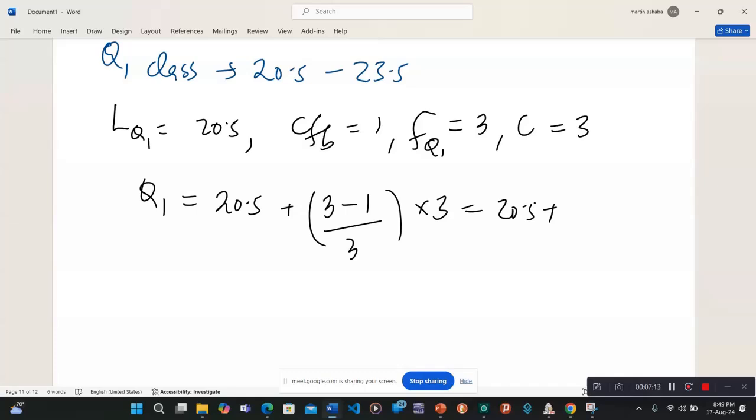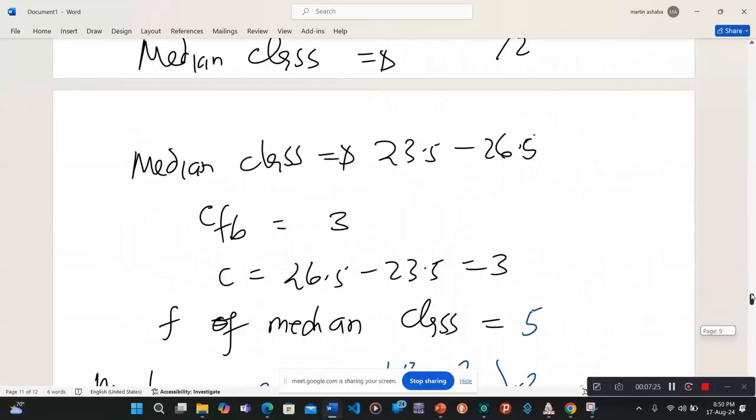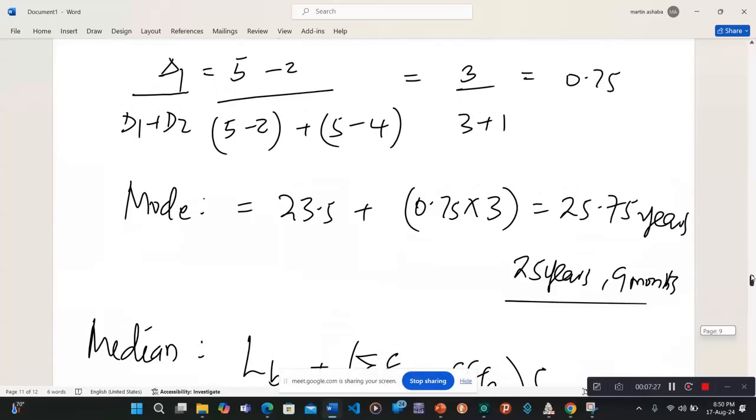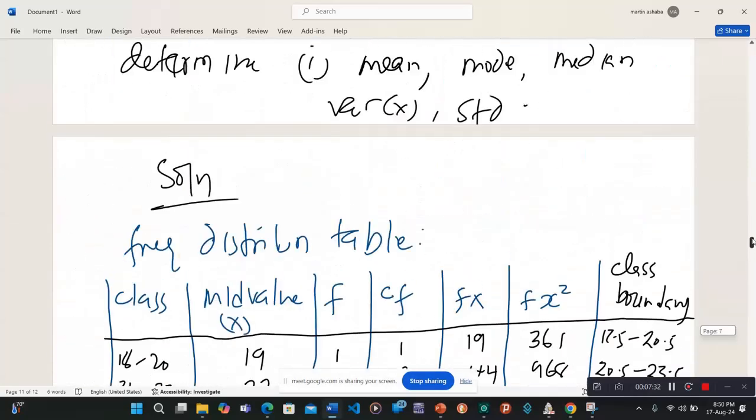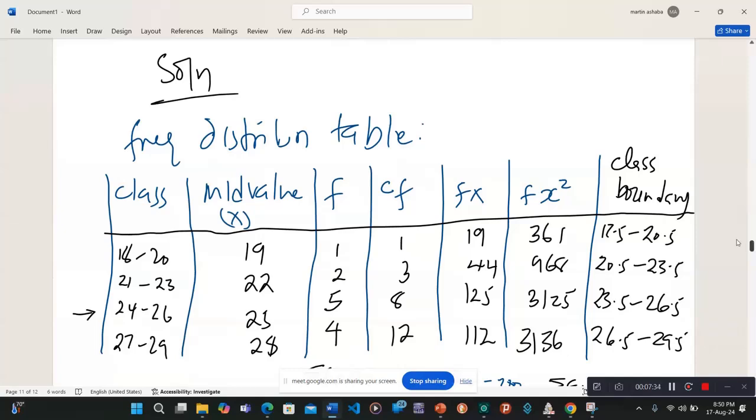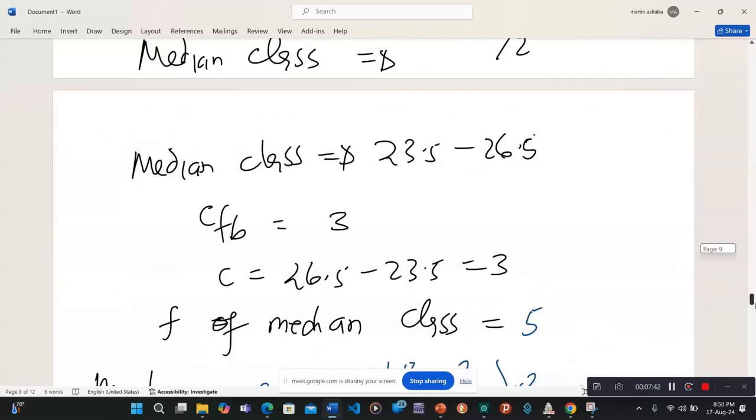Will that give you 2? The frequency of that class, isn't it 2? The cumulative frequency is 3 and the frequency is 2. Yes.